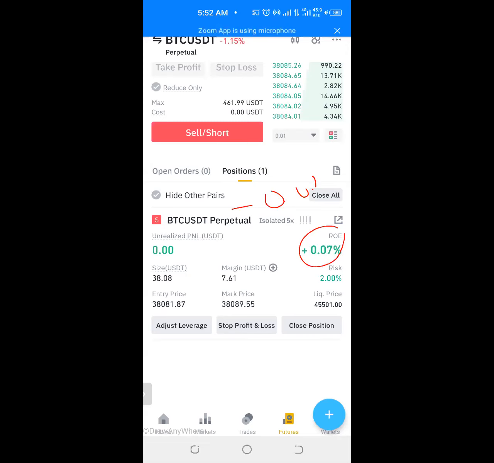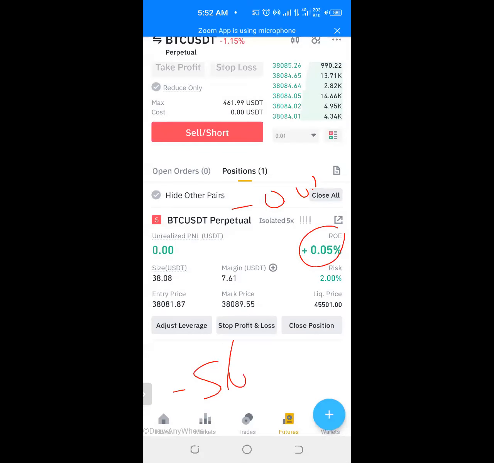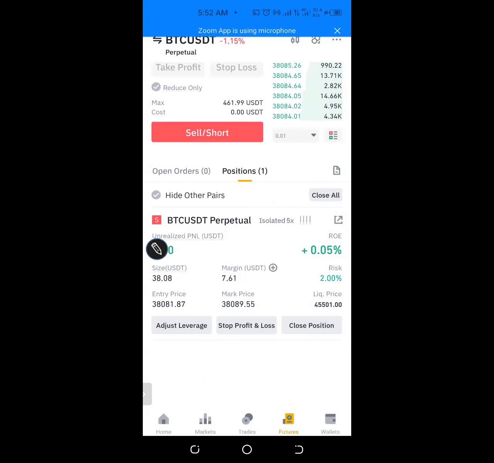So if you've sold your Bitcoin and the price drops, for example, if Bitcoin drops by 5%, what I'll be seeing here will be plus 25%, because I sold. This should not confuse you.